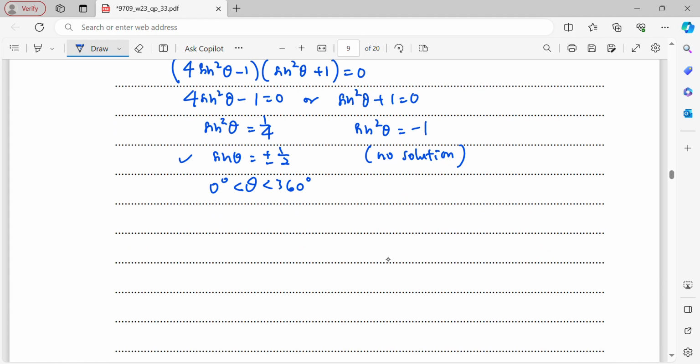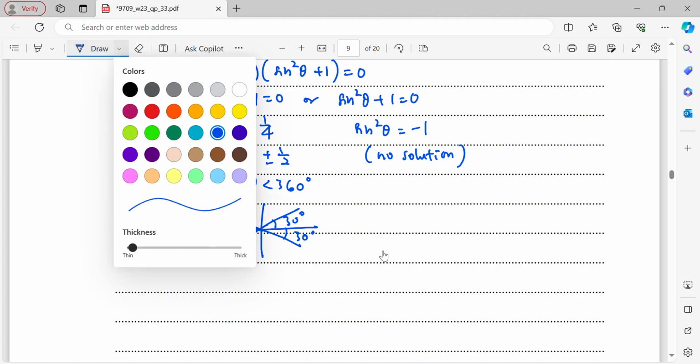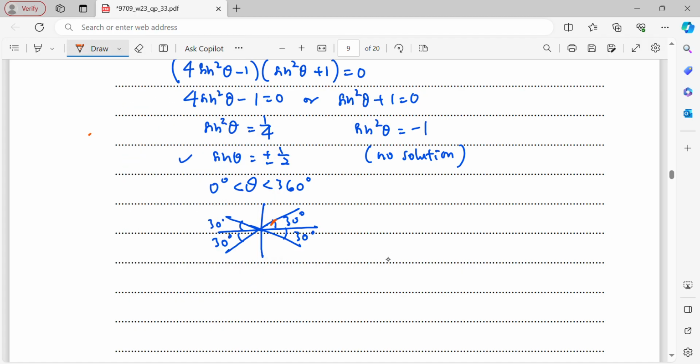Which means now I have to consider all 4 quadrants. The basic angle here is inverse sine half, which is 30 degrees. Our angles will be, first 30 degrees, the second is this major angle, then the third and the fourth.